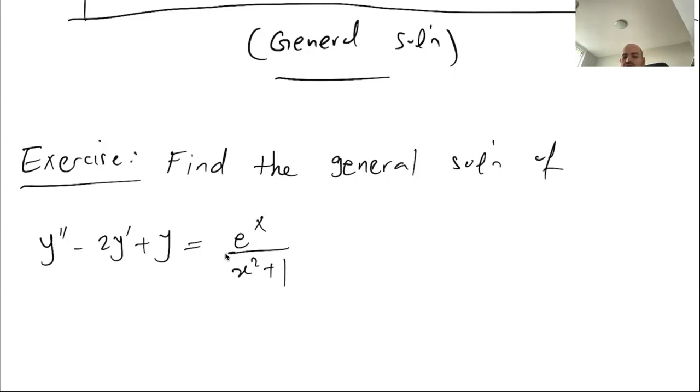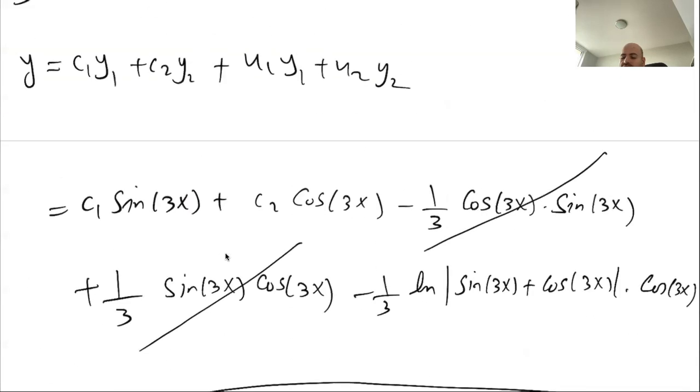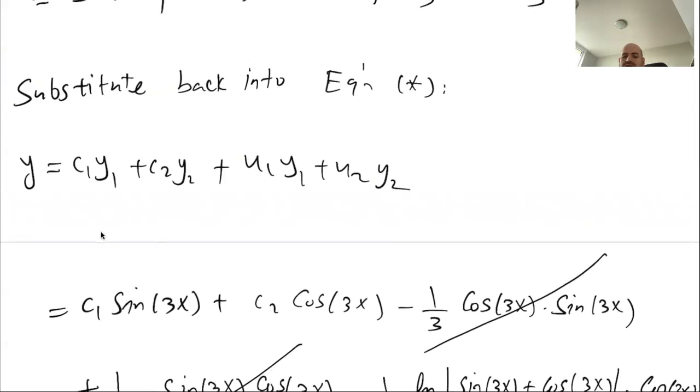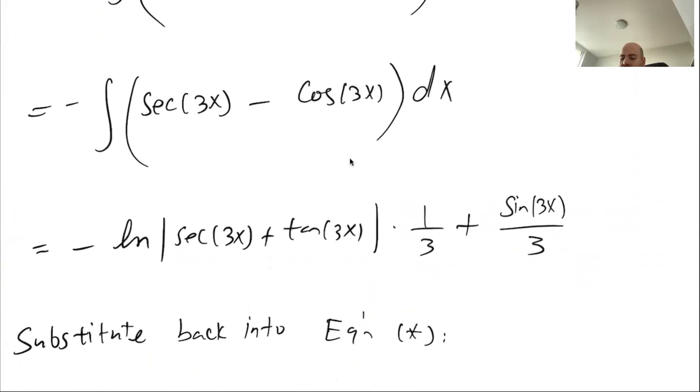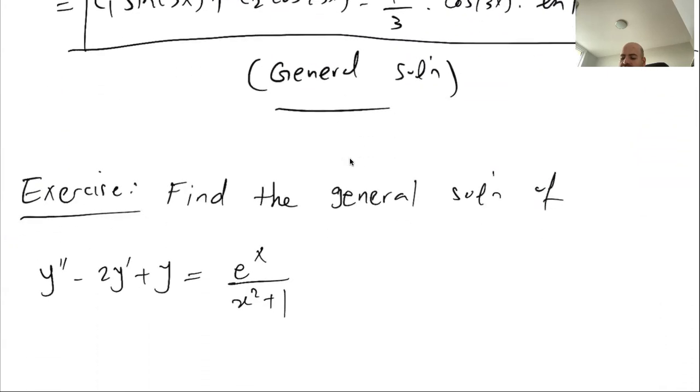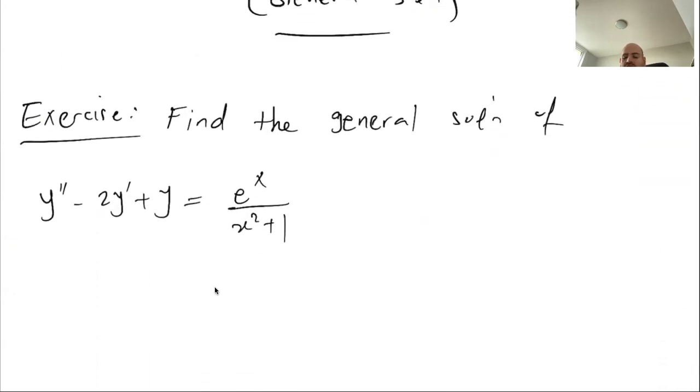Once you have y1 and y2, you can find yp as u1 y1 plus u2 y2. And then the general solution, as we saw, will be yc plus yp, c1 y1 plus c2 y2, plus this part, which is yp. So it's similar, the only difference is that the calculations will be a little bit different because the function in the right-hand side is different than what we had before. And the function in the left-hand side is also different.